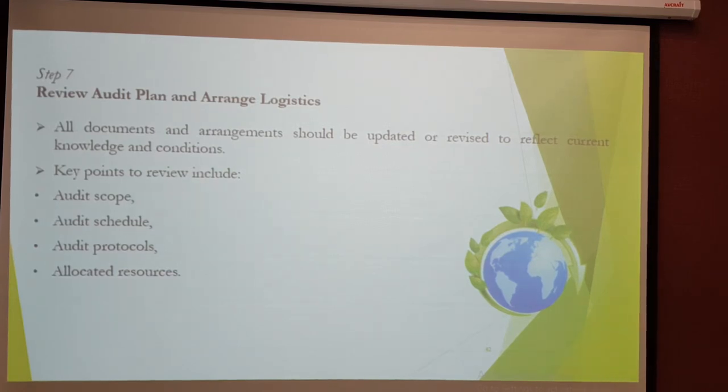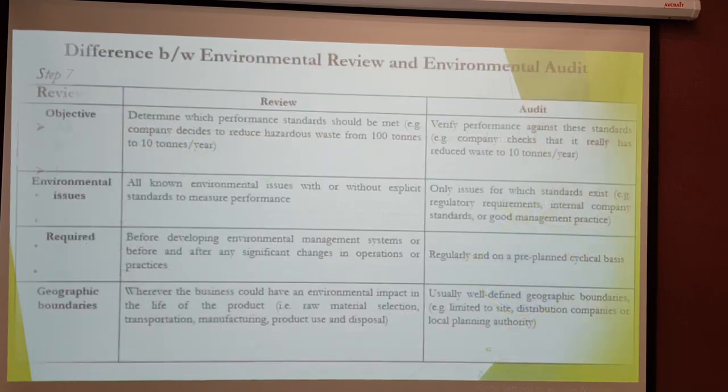So the key points like audit scope, audit schedule, audit protocol, allocated resources and all, then you have to just go to the site. So before going to site, we will learn about the differences between some terms like audit and review.